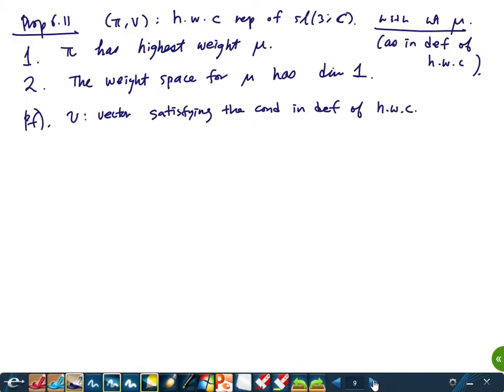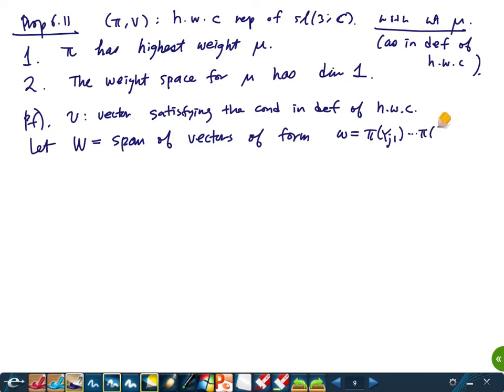And let W be the span of vectors of the form W equals pi yj1 ... pi yjn, every vector that can be obtained from V by applying y's.